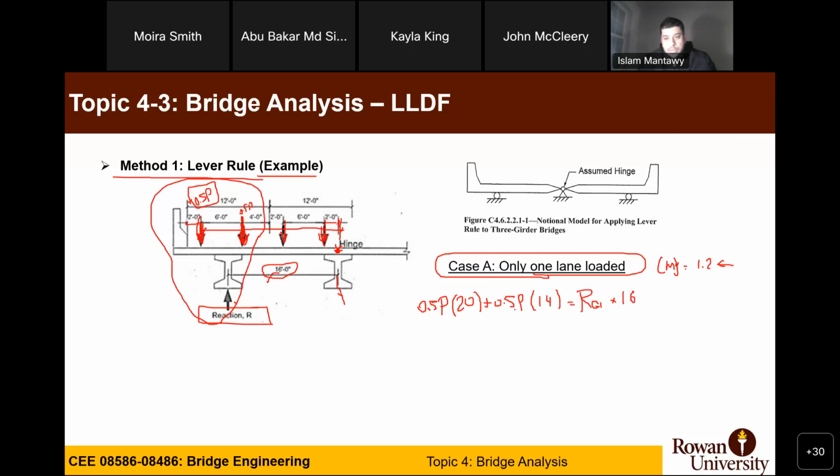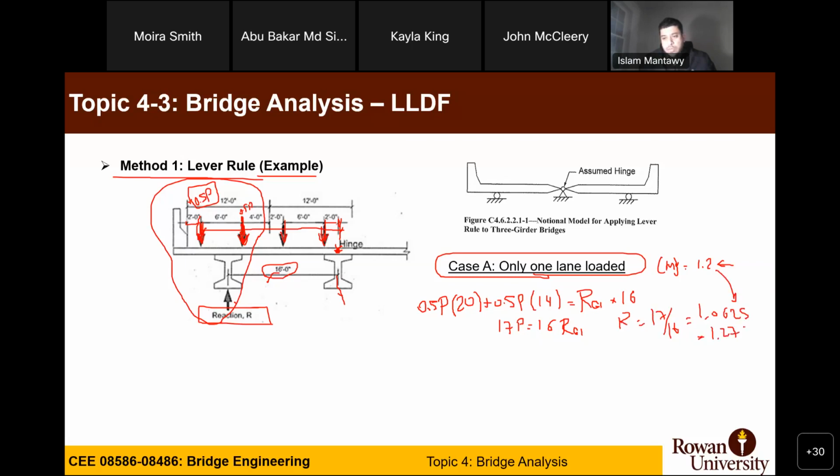So if you do this, it would be 17 P equal 16 RG1. That will give you 17 over 16, which is, I believe, 1.0625. And after that, you have to multiply times the multiple presence factor, which is 1.2, will give you 1.275.